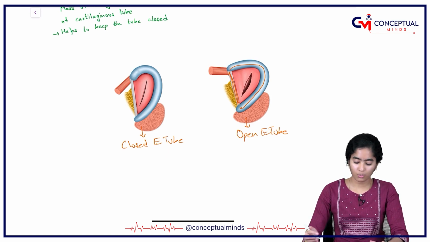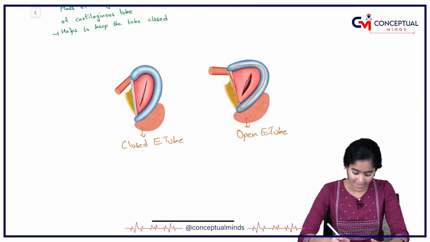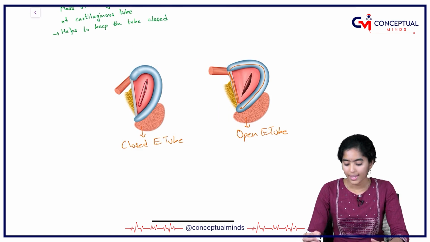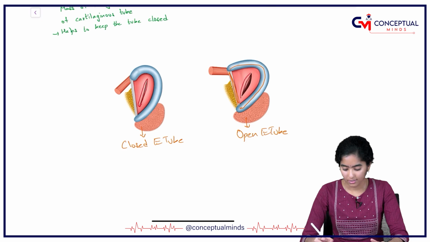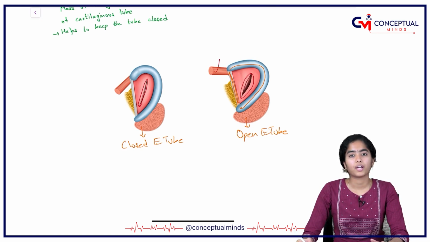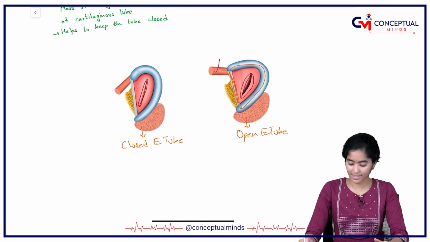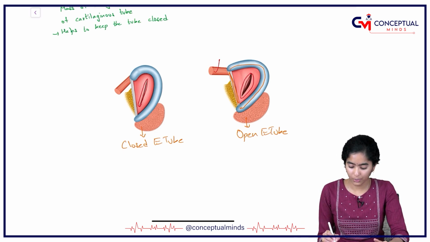And normally when the tube is closed, it is just a slit-like opening, as you can see in this diagram. It sometimes opens like this with the help of these muscles: tensor tympani, tensor palati, levator palati and salpingopharyngeus. And behind what you can see is the Ostman's pad of fat.